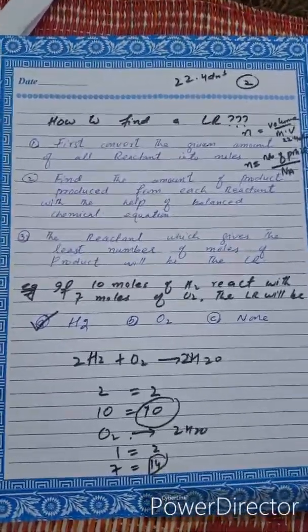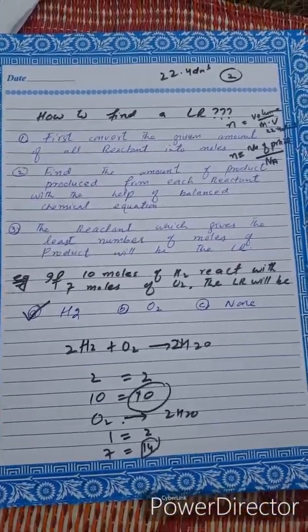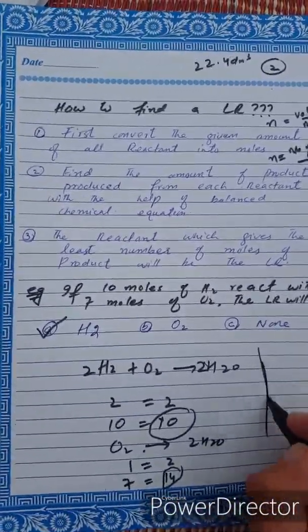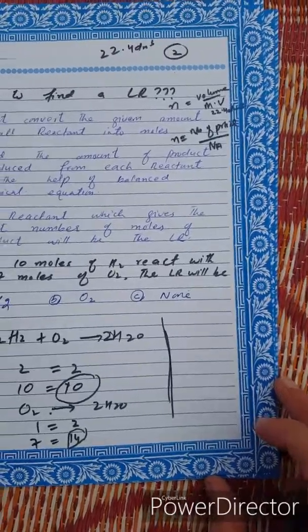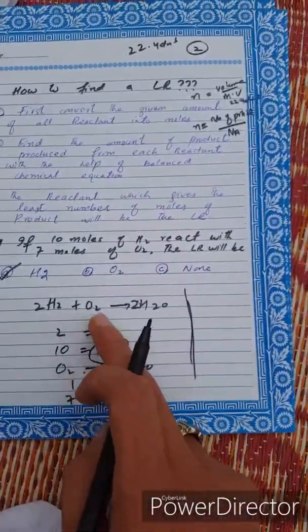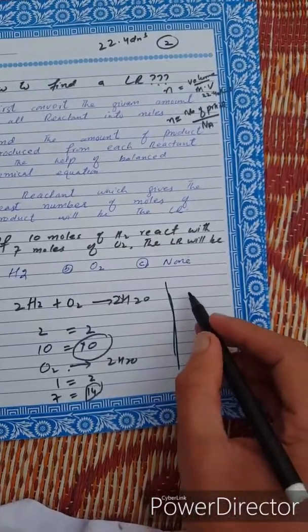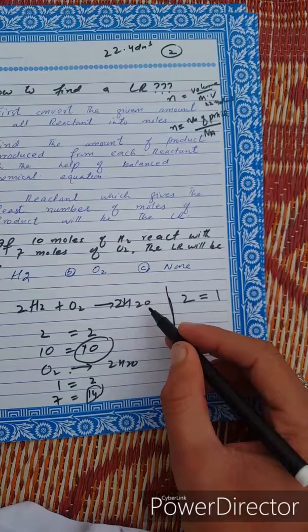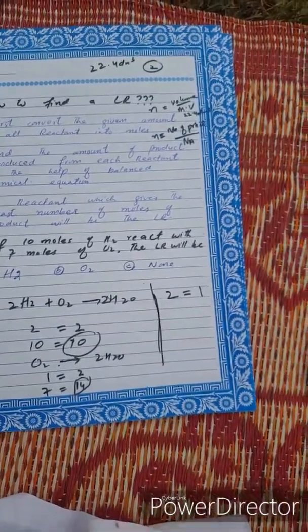And I told you that I will tell you the shortest and quickest way to find the limiting reagent. So let's do that directly. The balanced chemical equation shows that for 2 moles of hydrogen, 1 mole of oxygen is required.